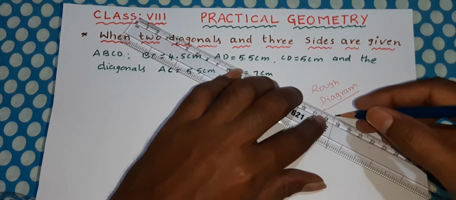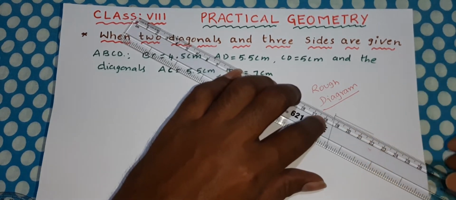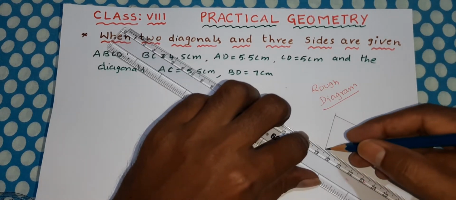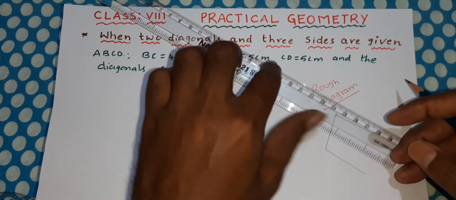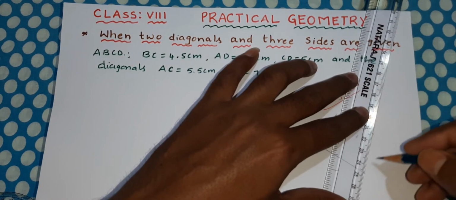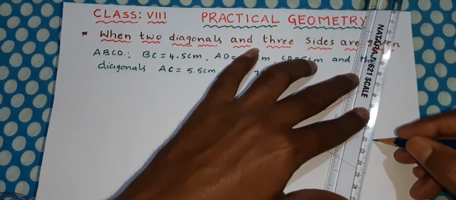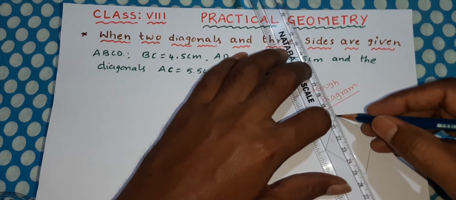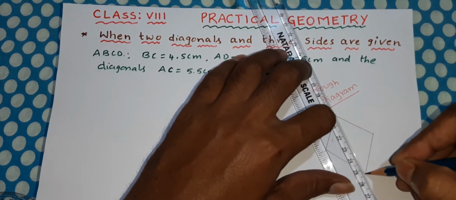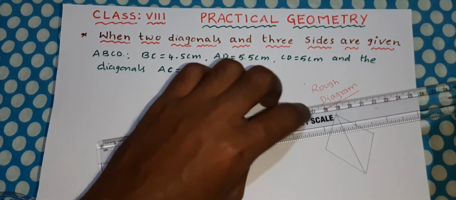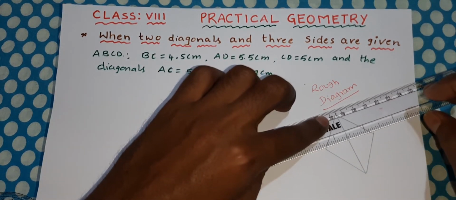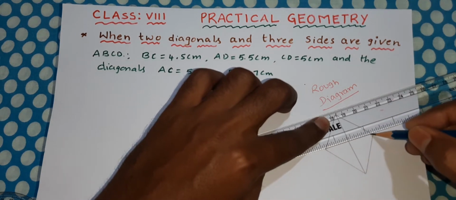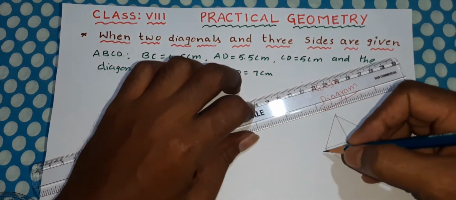Just construct a quadrilateral ABCD with four sides and two diagonals. So ABCD is a quadrilateral, AC and BD are two diagonals.